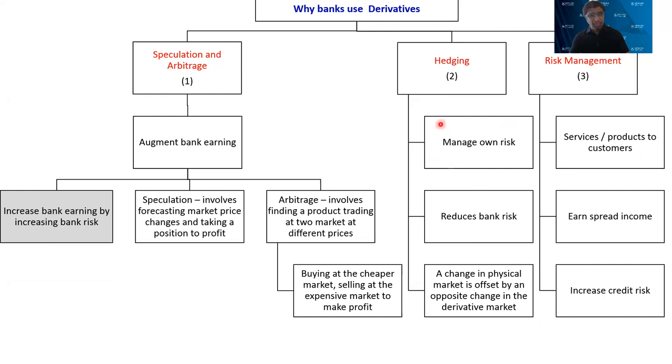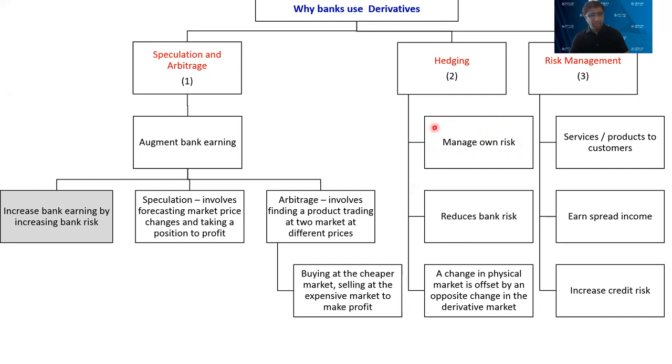Now, hedging is different because you want to manage risk, which means you are not interested in making a profit. But if you are going into a contract, for example, buying commodities like oil that you want to sell in the future, if something happens to the oil prices, then somebody has to compensate you for the difference.